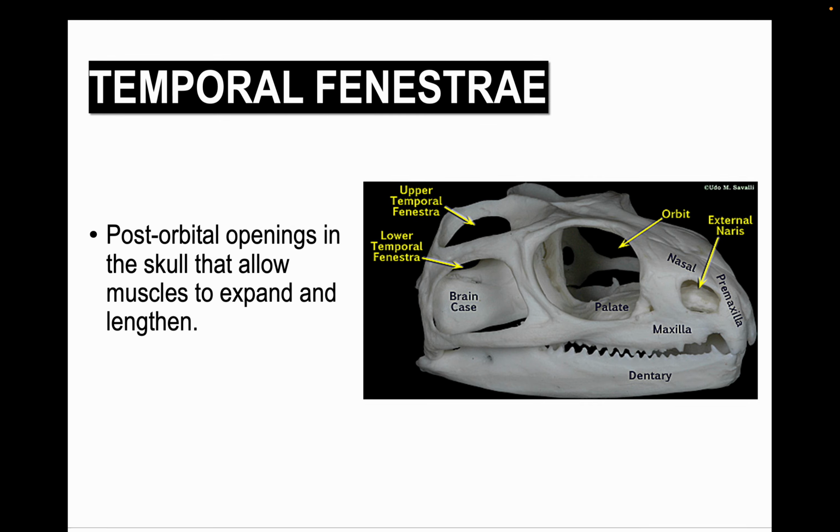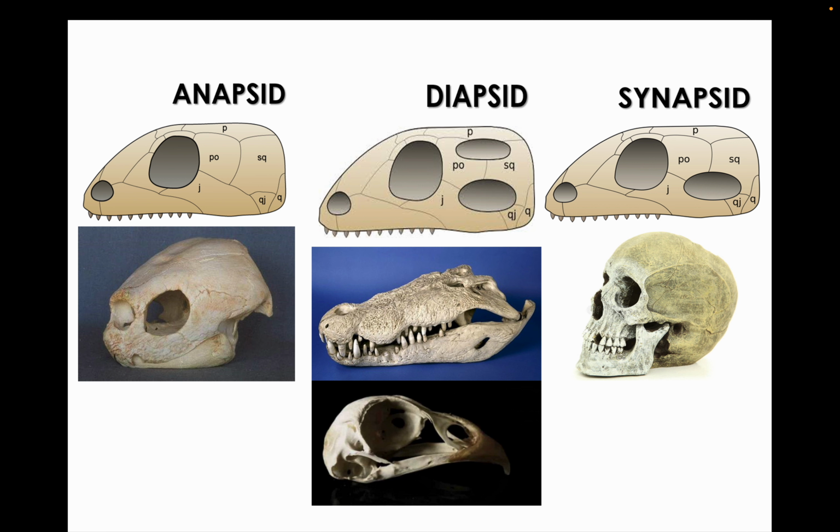There are several groupings of vertebrates according to whether they possess a temporal fenestra or a particular number of them. Anapsids are those that do not have post-orbital openings. Diapsids are the ones that possess two openings. Synapsids possess one opening.